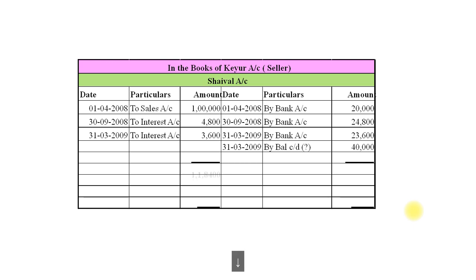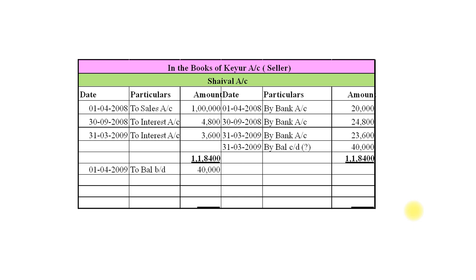So let us make the total over here, 1,18,400. Let us carry this forward to the next year, that is on 1/4/2009. Not total, sorry, balance carried forward to balance brought down, that is 40,000.